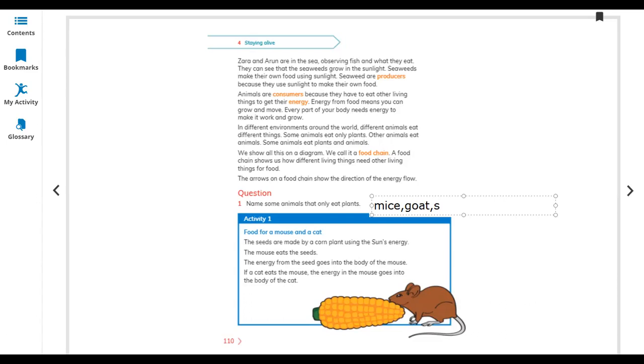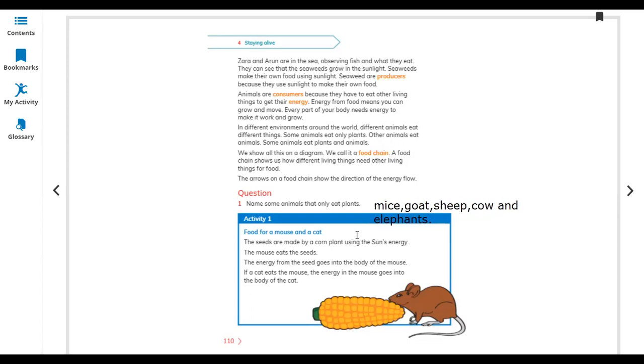Sheep, cow, and a lot more. Just write at least five names. And elephant. So these are some animals that only eat plants.